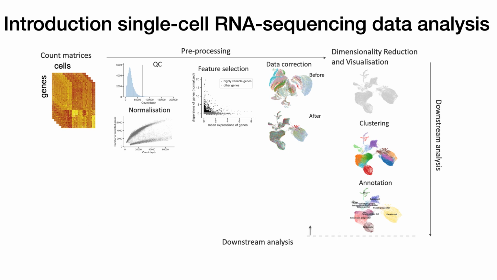Okay, these steps are almost always performed in a single cell setting, and then you can ask more questions in the downstream analysis, but that depends on the kind of data set you have. A popular question is so-called trajectory inference.